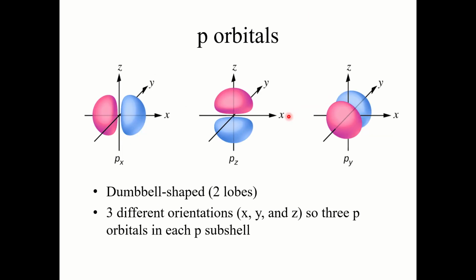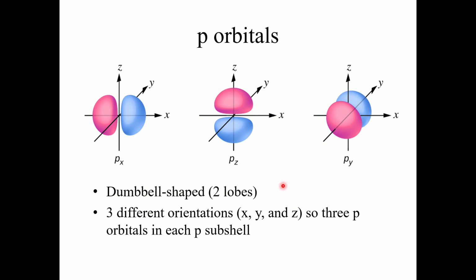Next are the p orbitals. P orbitals are dumbbell shaped. They have two lobes. Because they are dumbbell shaped, they have three different orientations. There are px orbitals, there are pz orbitals, and there are py orbitals. So there are three different ways to arrange this shape in space, which means we have three p orbitals in each p subshell.